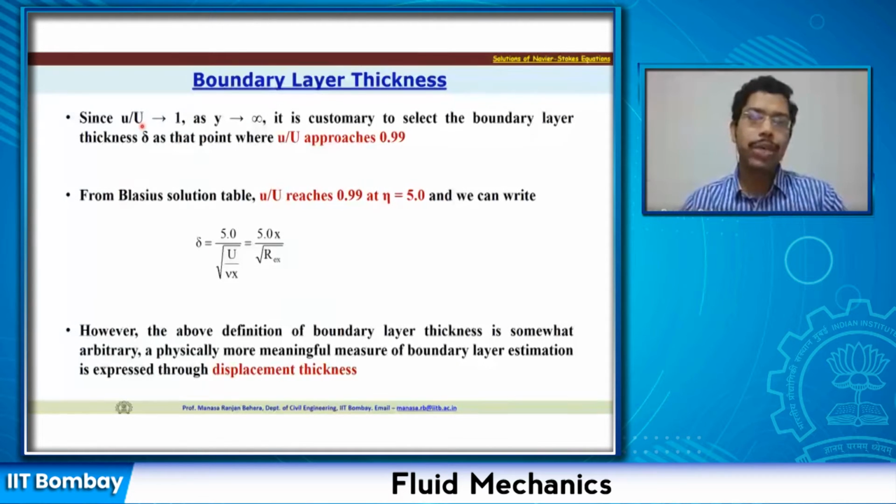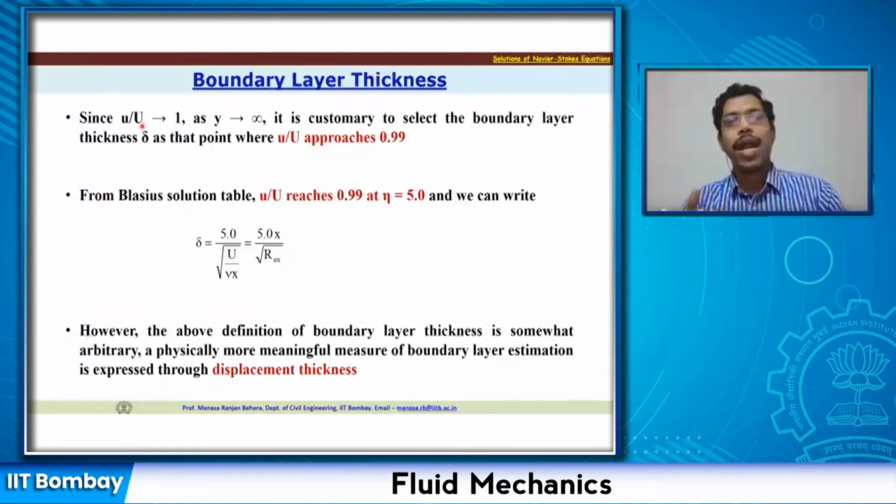Now, obviously, we cannot really take that infinity as a practical consideration. It is customary to select the boundary layer thickness delta as that point where u by U, or the normalized velocity, approaches 0.99. Once we start measuring the velocity from the boundary, where it is approaching 0.99 U, the free stream velocity, we consider that distance as our boundary layer thickness.